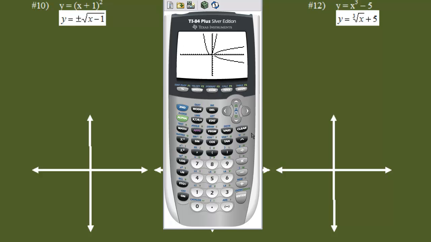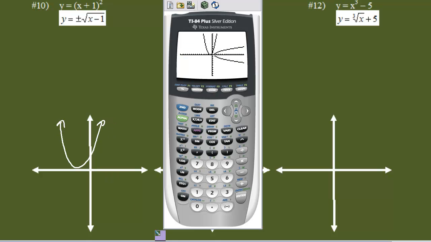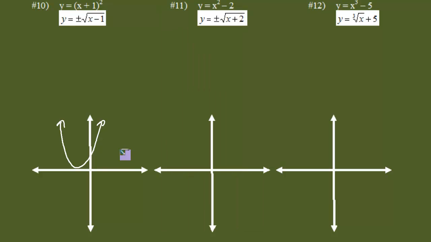Graph, I can see those are my curves. So it's looking something like this. And the other one maybe like this.